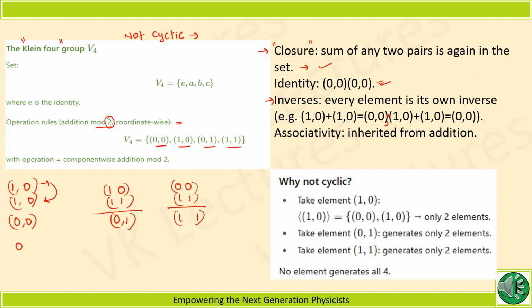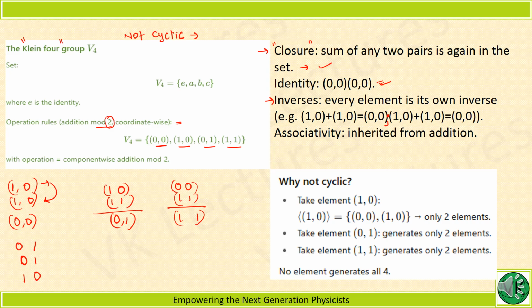Similarly, (0,1). What is the inverse for (0,1)? Let's see, for 1 plus 1 you get 2, which is 0, and 0 plus 0 is 0.